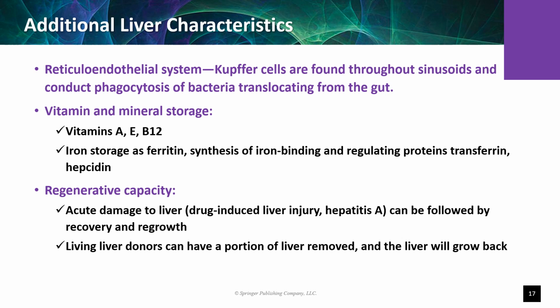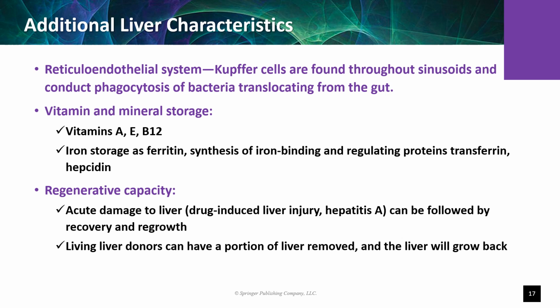The liver contains the largest number of fixed tissue macrophages, which are also known as Kupffer cells. This makes it an important component of the immune system. The Kupffer cells are responsible for the clearance of gut bacteria and foreign proteins. The liver can store iron in the form of ferritin and can store several vitamins, including A, E, and B12.